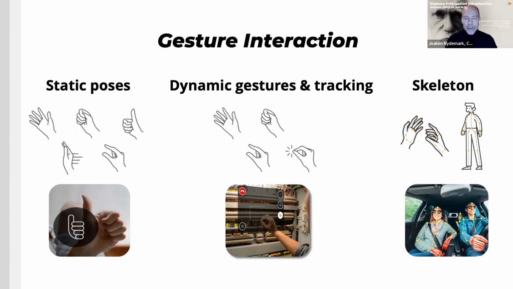The second category is the dynamic gestures and tracking. And that is when we add this tracking mechanism. Basically, you show your hand again for the system. The system has a point on your hand that it tracks. And again, you can do a specific pose that triggers something. But the difference here is that you can do that at a specific spot.